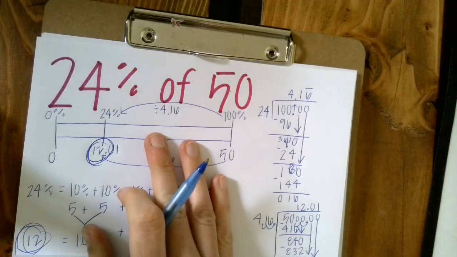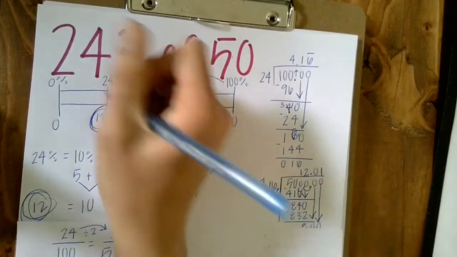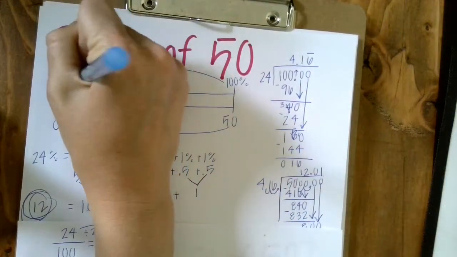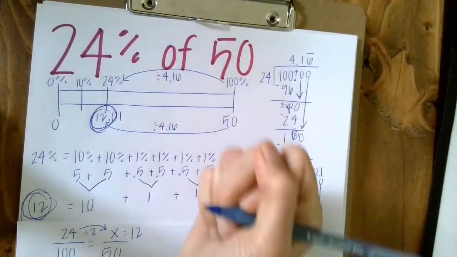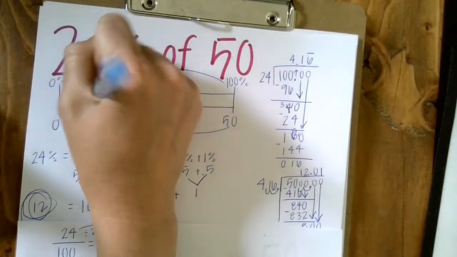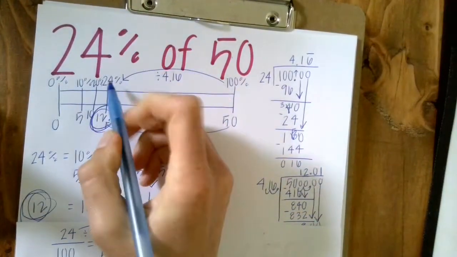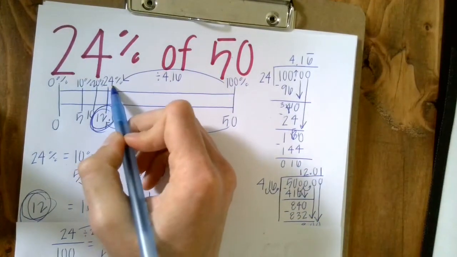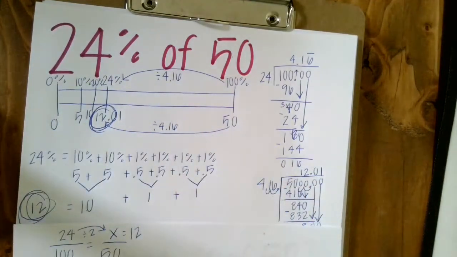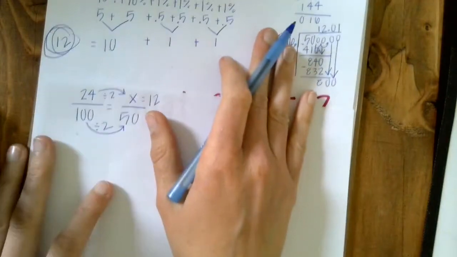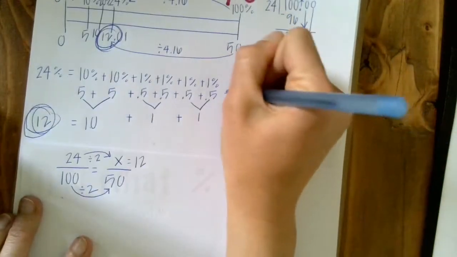For the double number line, if you have liked using the double number line, you could always go to 10%, which you know is 5, and then go to 20%, which you know is 10, and continue to do that until you get to 24% if this is a tool that you like to use. This is my preferred method.